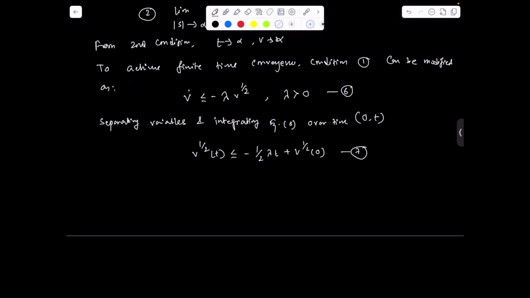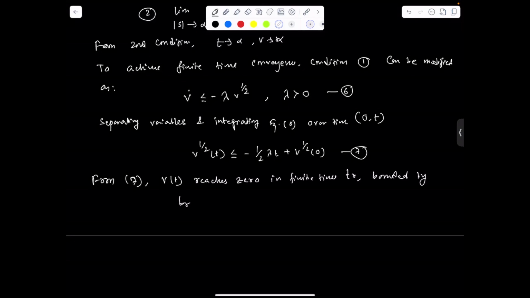Now, from 7, V(t) reaches 0 in finite time Tr, and this Tr is bounded by Tr less than or equal to 2 V to the half of naught divided by lambda.